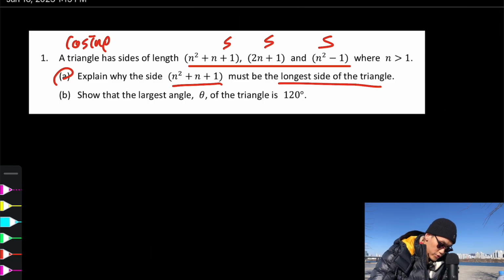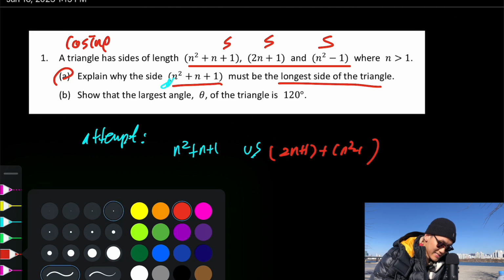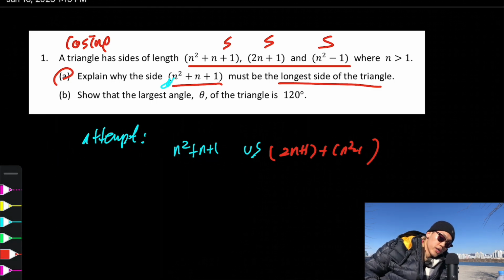So if you want to show that this has to be the longest, then you can try to see the size difference between n squared plus n plus 1 versus the sum of the other two, which is going to be 2n plus 1 and n squared minus 1. Those two we're going to see together and see which one is going to be bigger. So that is going to induce the triangle inequality.